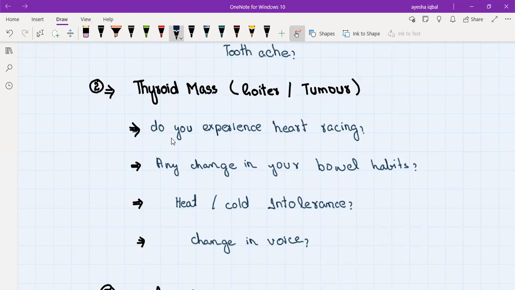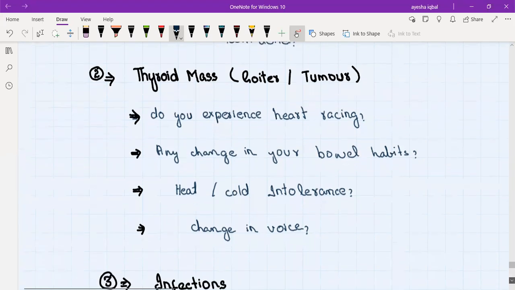So I'll ask the patient, do you experience any heart racing, any change in your bowel habit? So if the patient is experiencing hyperthyroid symptoms, then he might complain of diarrhea. If it is more towards the hypothyroid side, then he will complain of constipation, then heat and cold intolerance, and any change in the voice. Okay. So this was about thyroid mass.